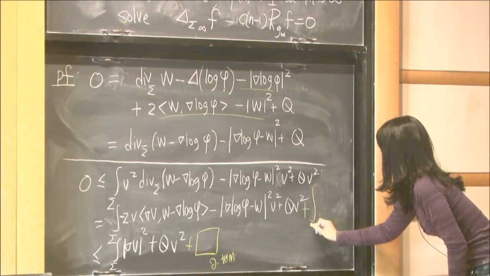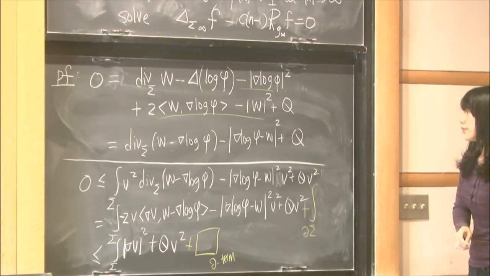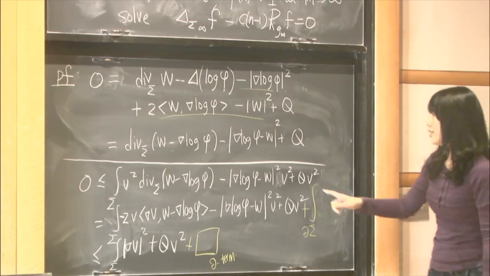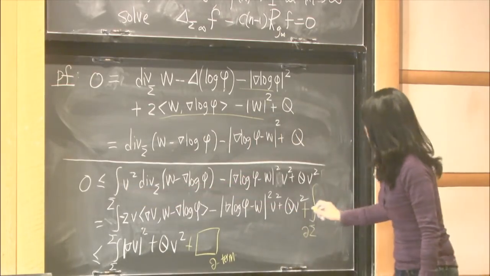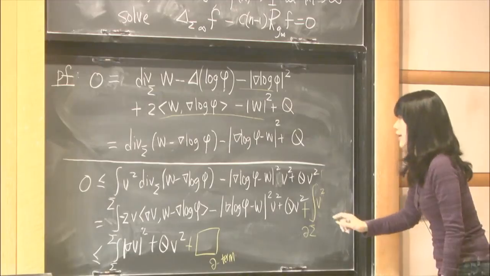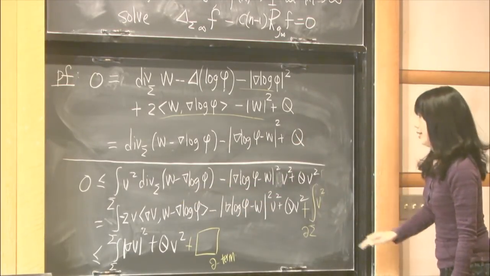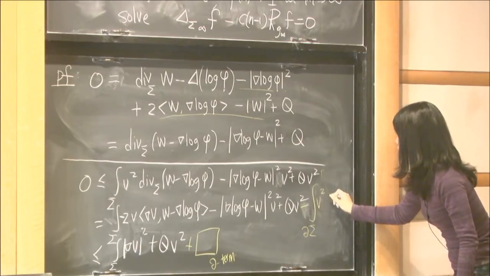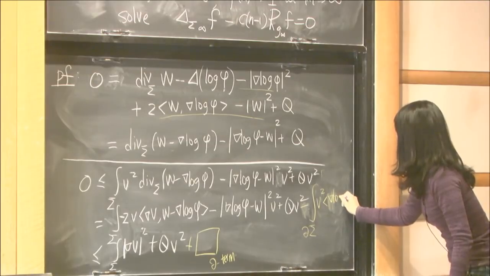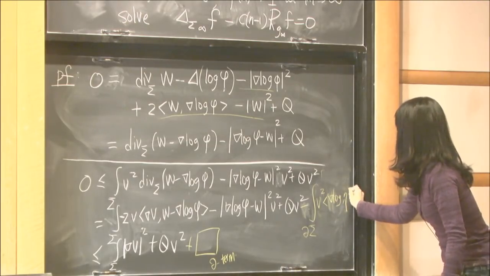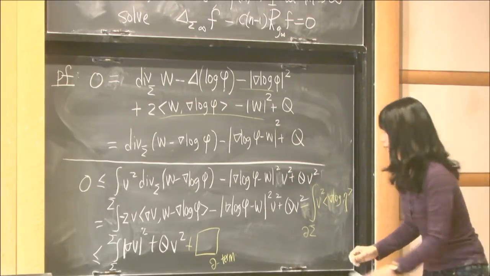You move the derivative to v squared. So the boundary term will be v squared, and the inner product with w and minus log 5. So you get minus. I want to keep the log 5. Gradient of log 5, and inner product with a conormal. And there's also a term of w, but it turns out that will be an error term.